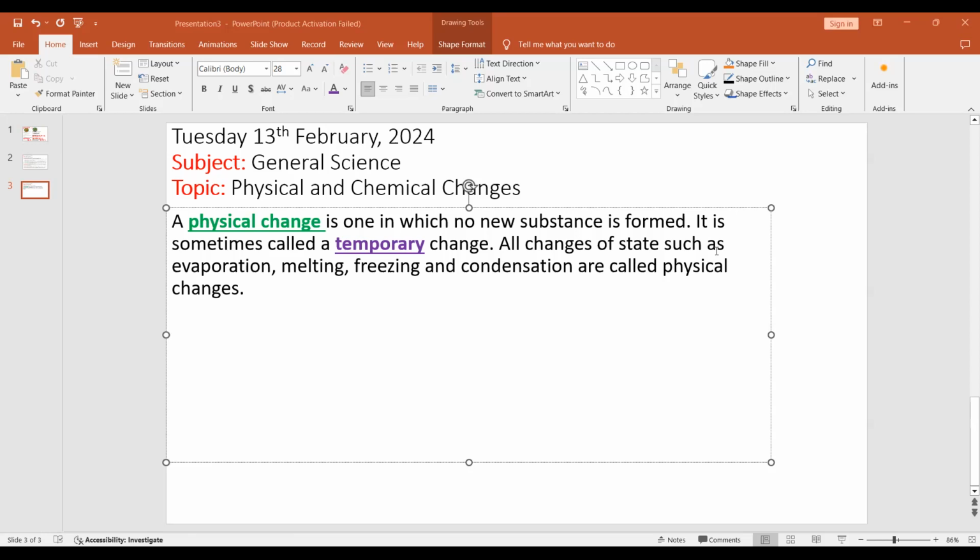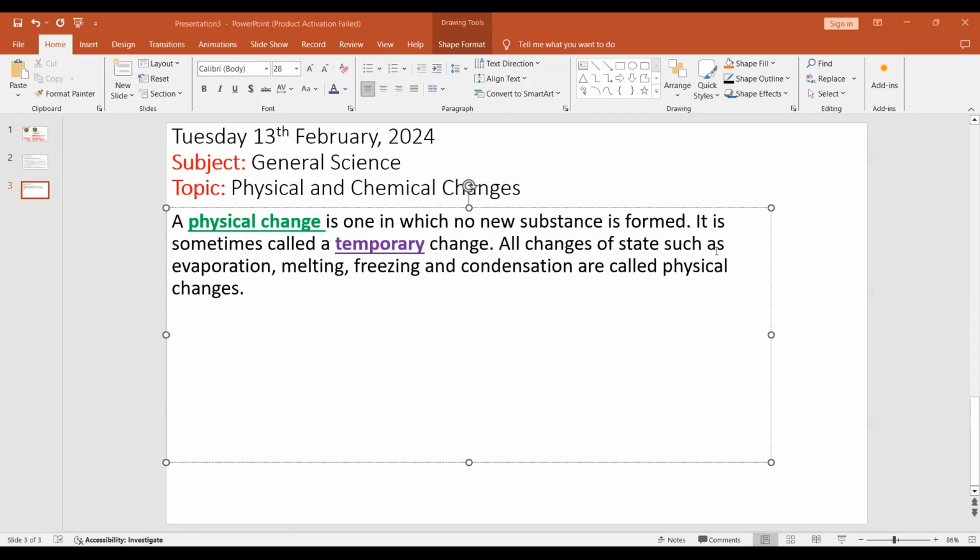Physical changes are reversible, which means they can change back to the state that they were in. So that's why it's a temporary change. Evaporation and all those changes of state are physical changes because they can change back into the state they were in.